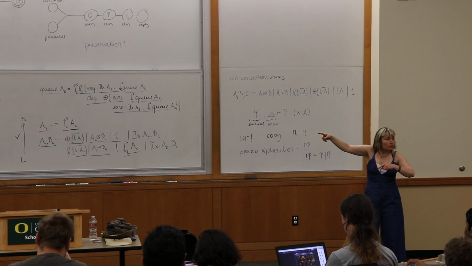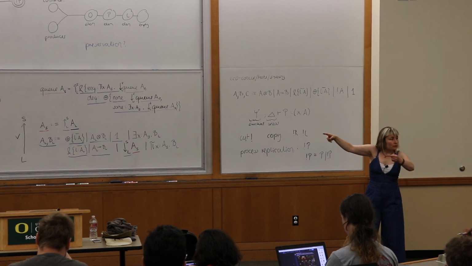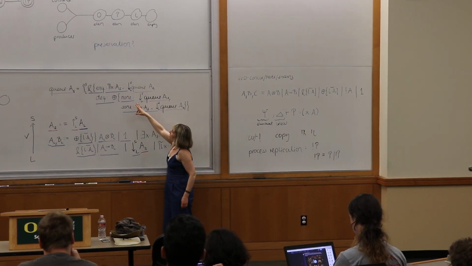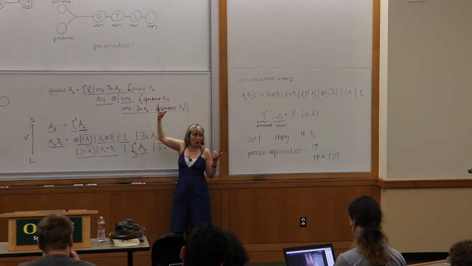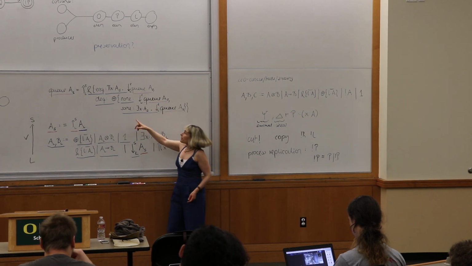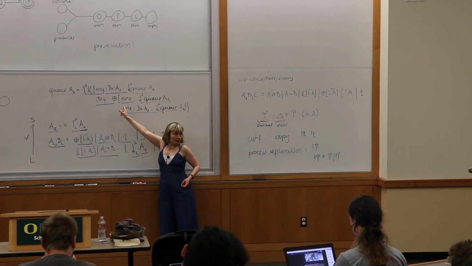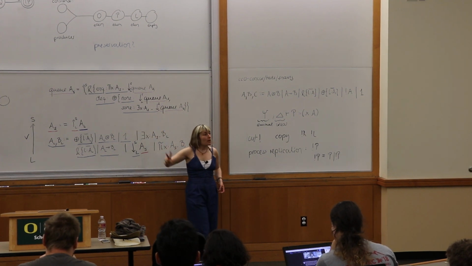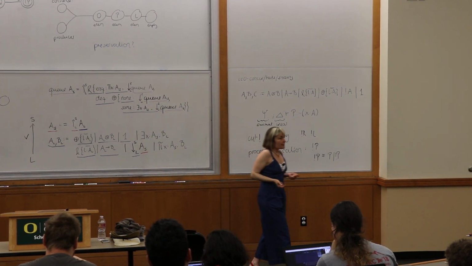We have an internal choice nested in an external choice, sorry. So the external choice gives us two branches, which basically says that there are going to be two releases. But in one of the branches, we have an internal choice nested, which also has two, so we get three releases in total.